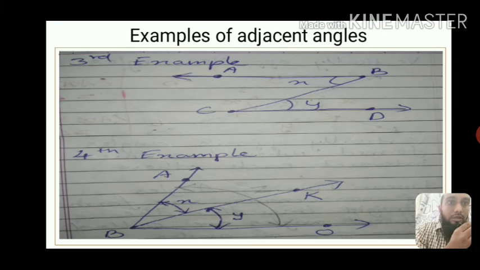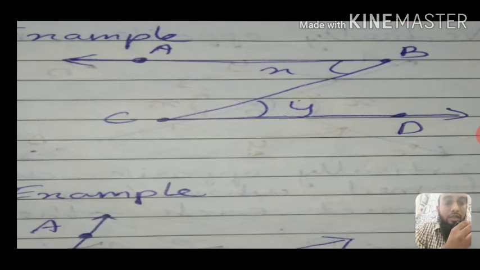I can show you another example here. Angle ABC and angle BCD, they are also having a common arm, that is BC. आर्म BC से ही एंगल ABC भी बन रहा है, और आर्म BC से ही एंगल BCD, that is एंगल Y भी बन रहा है. But they don't have a common vertex.